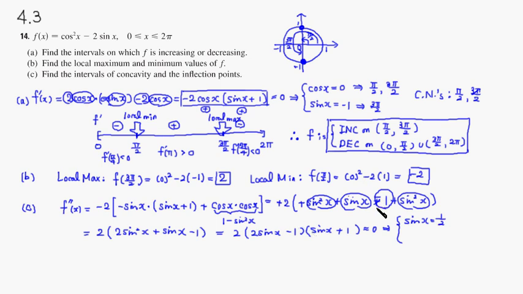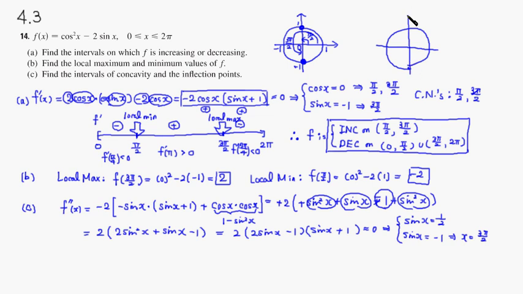The other one is sine of x equal to negative 1. We know this one: x has to be 3 pi over 2. But for the top one, we want sine of x to be 1/2. So let's draw another unit circle.